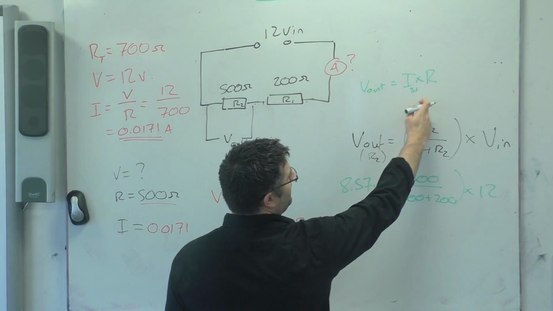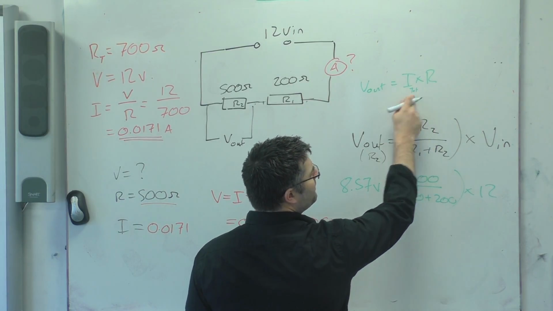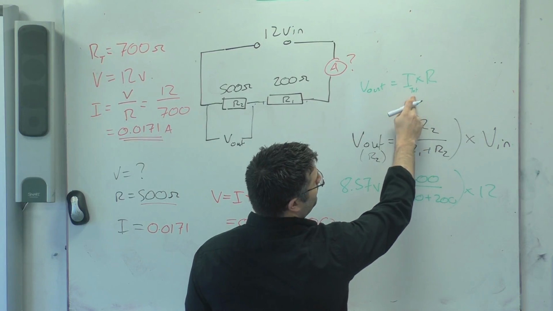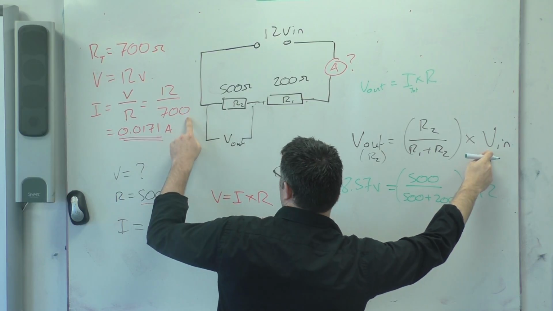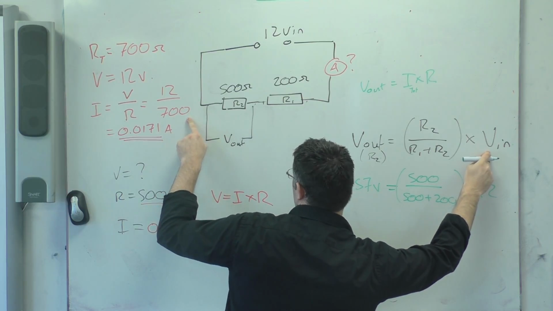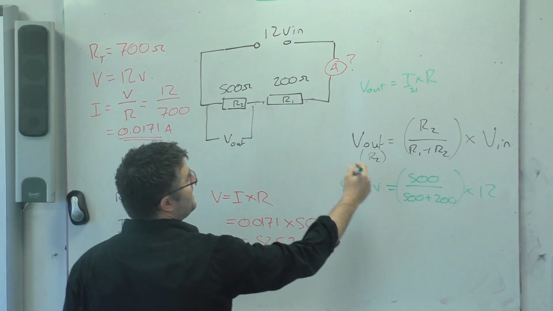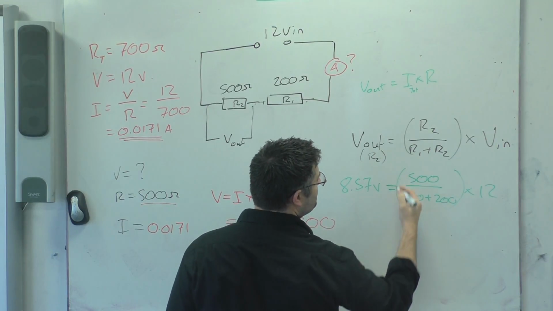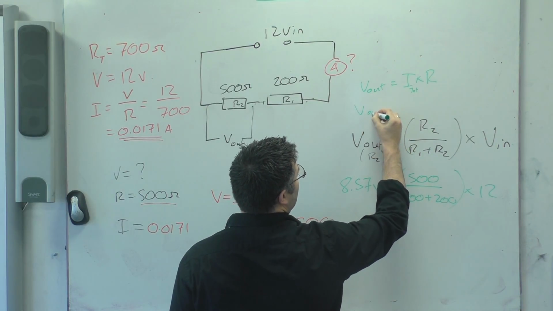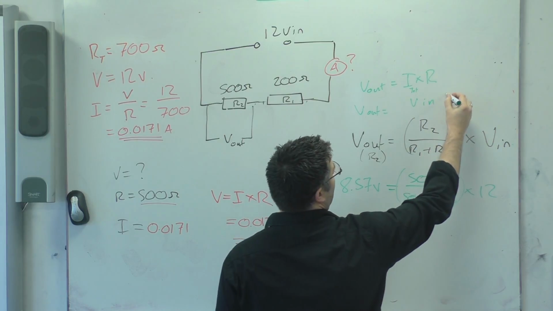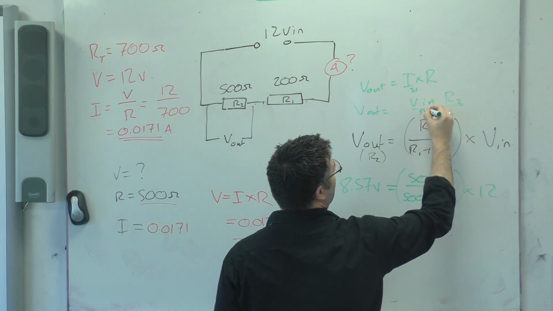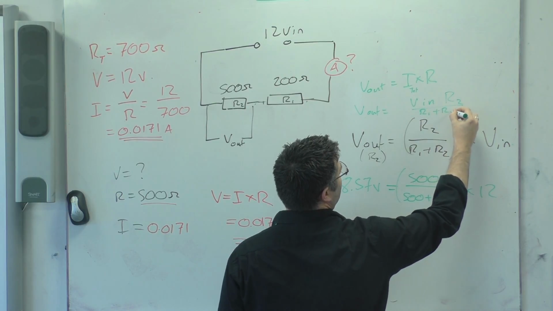And if we then look at it from the point of view as, oh, well, how would I work out I? Well, I would work it out by using this calculation up here. And if you notice very carefully that V in, we can change this calculation to be V out is equal to V in, R2 over R1 plus R2.